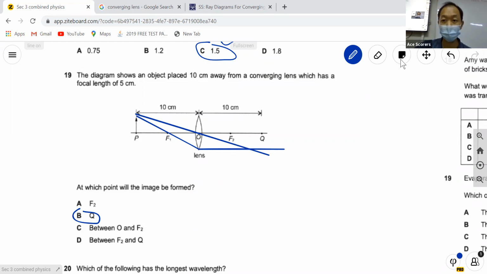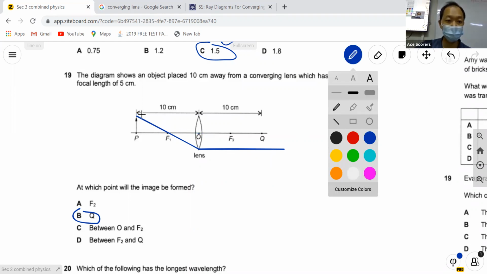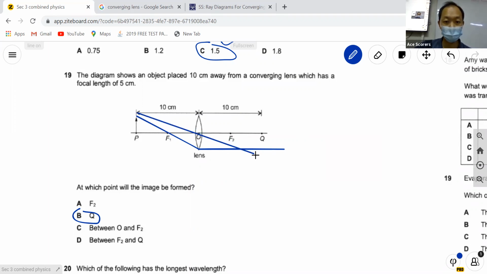I think my diagram is not so good. Okay, what is this? Parallel. Try again.